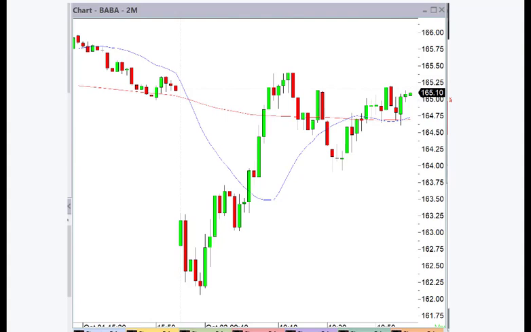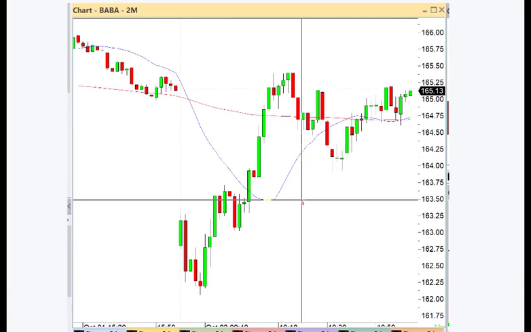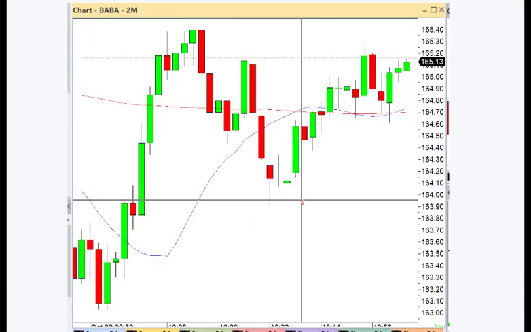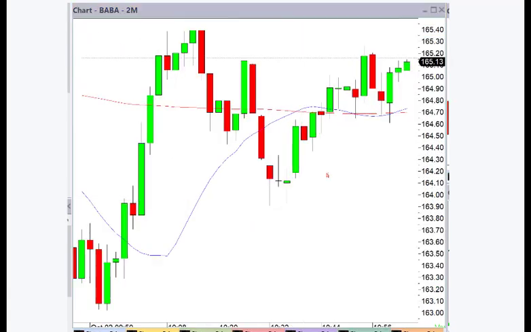I want you all to understand that the market has no separation. You see the separation in these bars? Look at the separations between the bars.